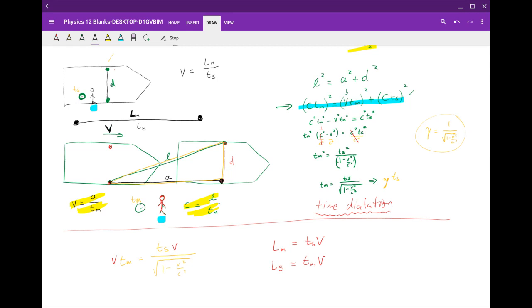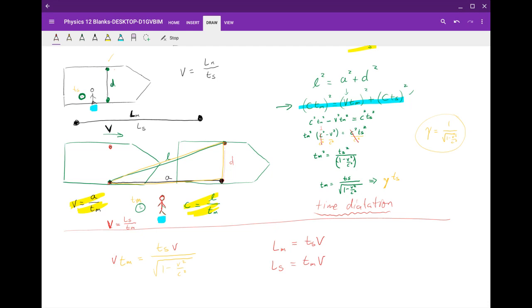So in this guy's opinion over here, he's basically saying that the velocity of the ship should be equal to the length that the ship moved, LS. Why S? Because it's a stationary length with respect to this red guy down here, divided by the amount of time that went by on my clock, which is now called TM, remember, okay? And so that's what's going on there.